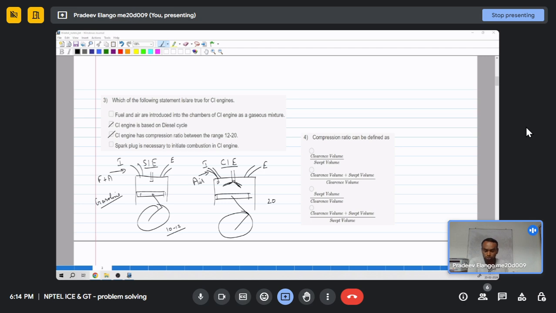I think we have solved some problems in the last class with compression ratio. Clearance volume versus volume of clearance. Yeah, this is it.